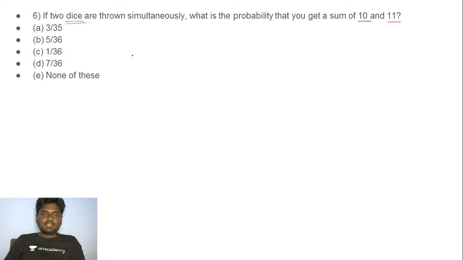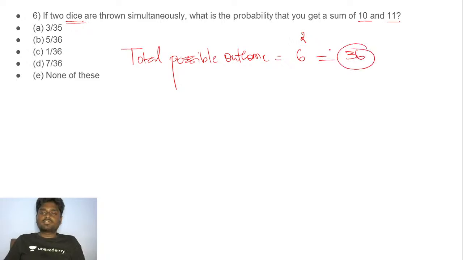If you toss a dice, and you want to find your total possible outcomes, a dice has 6 sides. So put 6 in the base and the number of dice being thrown, 2, in the power. So 6 power 2 will give you 36. So the total possible outcome is 36.